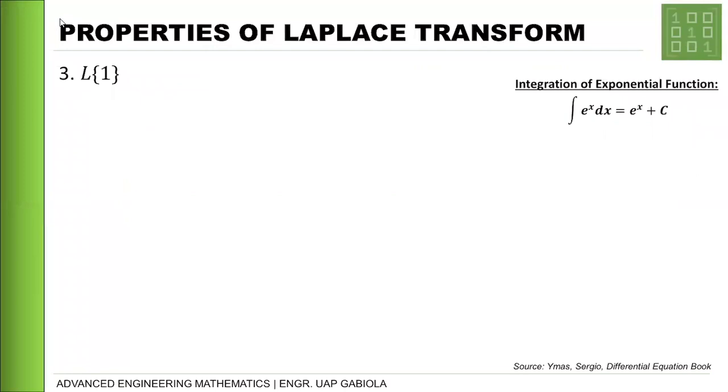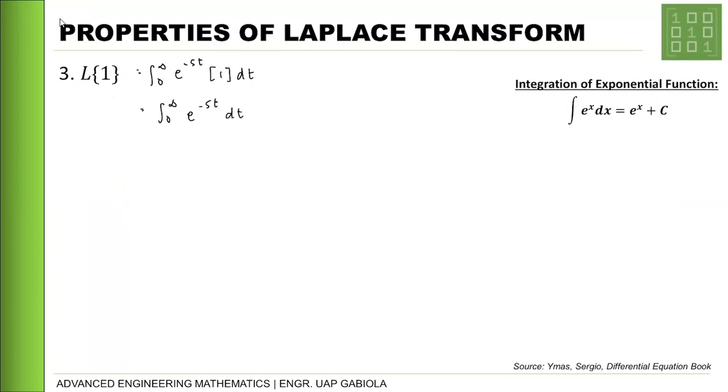So, ayan. So, kailangan natin i-apply equation natin. Okay? So, we have integral 0 to infinity, e negative st, then we have 1, dt. Okay? Then, pag sinimplify natin to, this will be integral 0 to infinity, e negative st, dt.